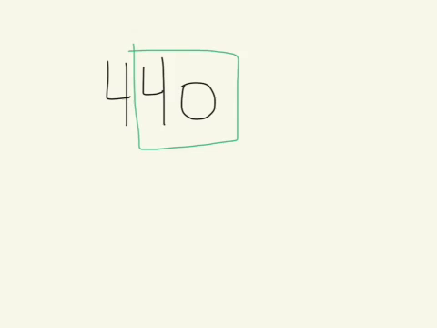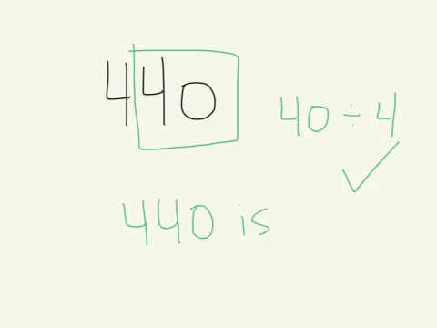So in this case it's the number 40. Since we're working with 40, we need to determine, is this divisible by 4? If this works, and in this case it does, then the whole number is divisible by 4. So 440 is divisible by 4.